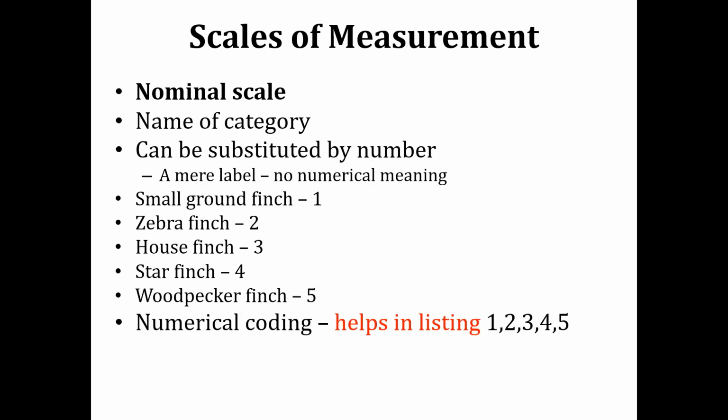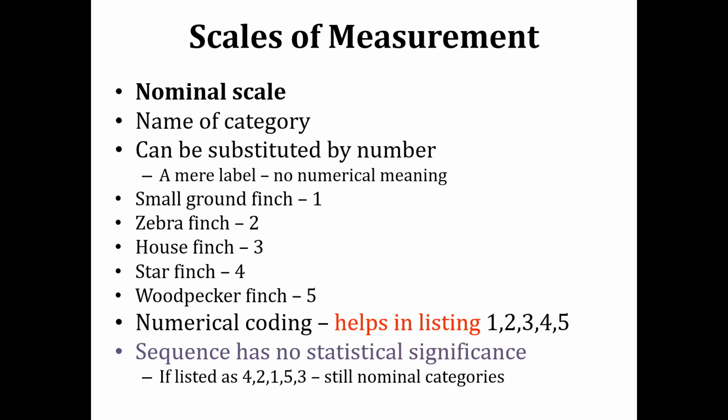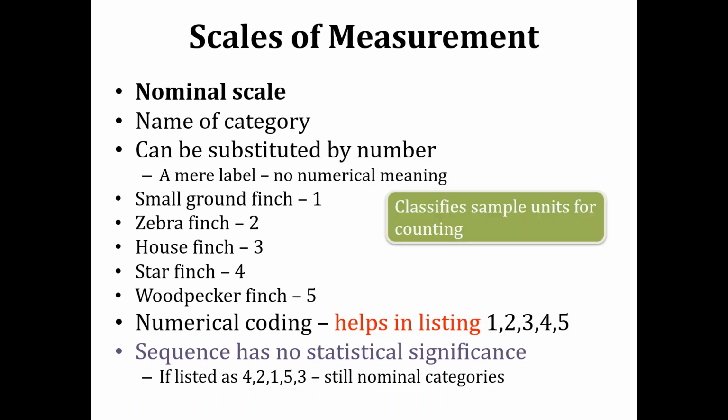So this numerical coding helps in listing 1, 2, 3, 4, 5, and this sequence has no statistical significance. If they are listed as 4, 2, 1, 5, 3, they are still going to be nominal categories. So the nominal scale classifies sample units for counting. This is the property of the nominal scale, that it classifies the sample units or individuals of the statistical population into different categories.